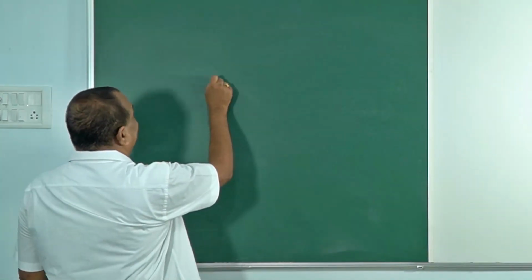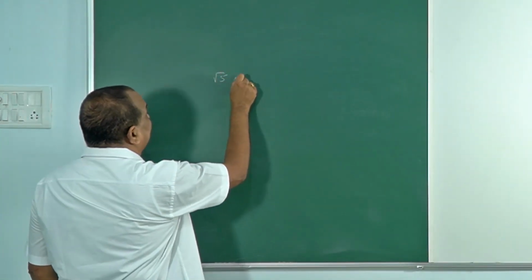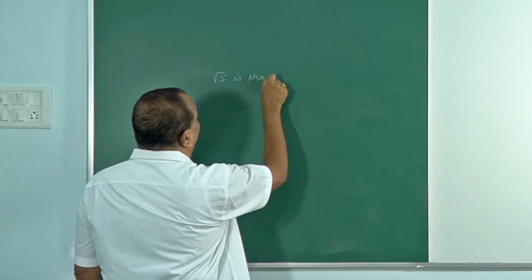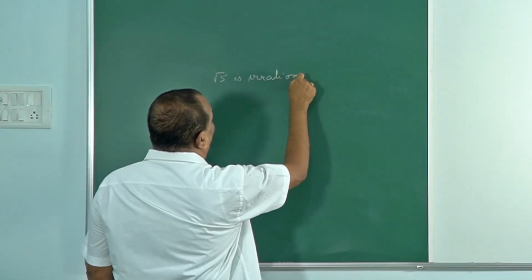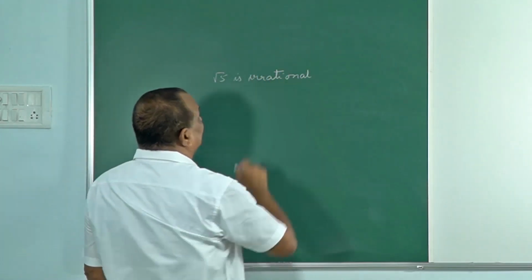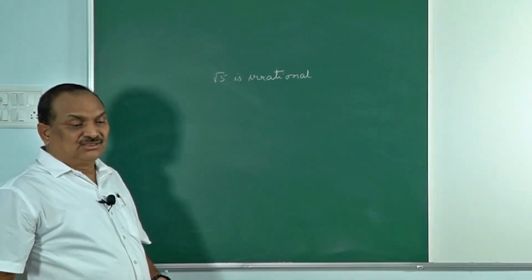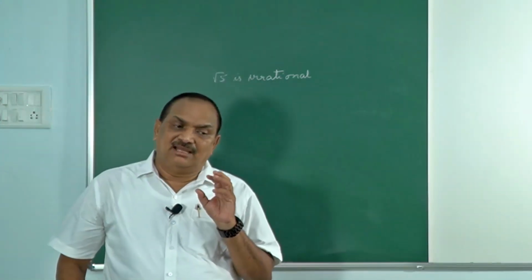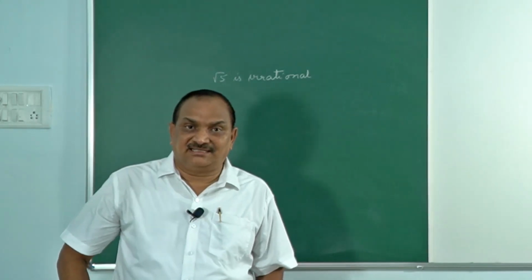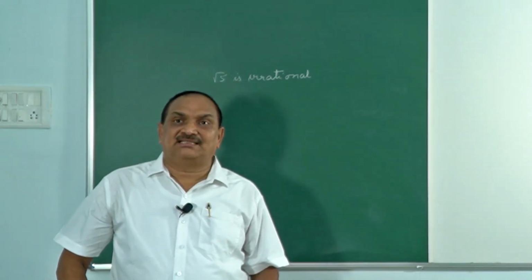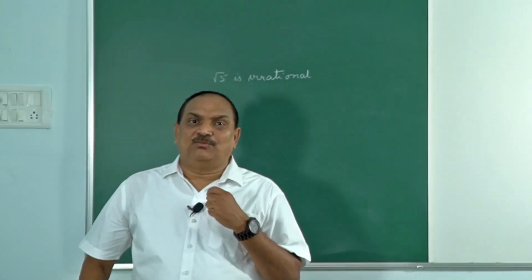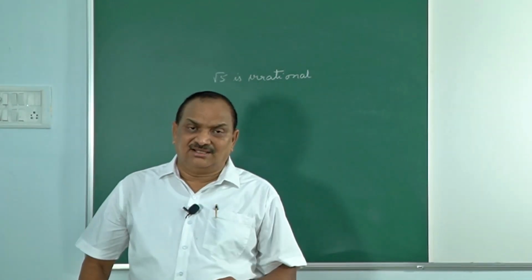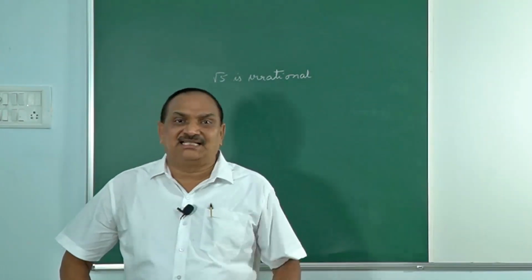So my contention is very simple here. He is asking me to prove root 5 is irrational, and I have to prove it. So we go by the indirect method here. He is asking me to prove that it is irrational. Let me suppose that it is rational.